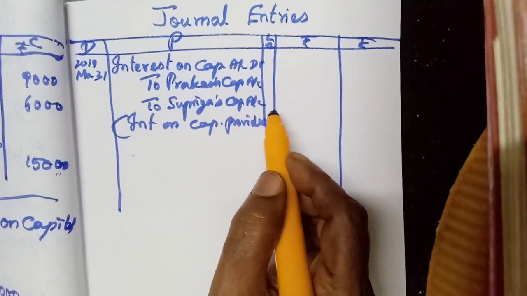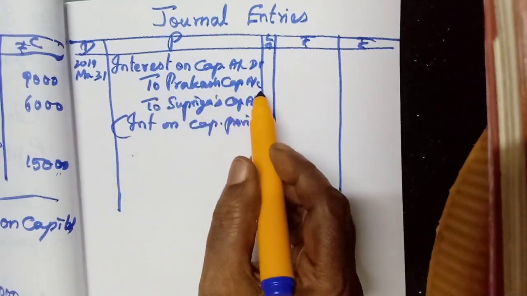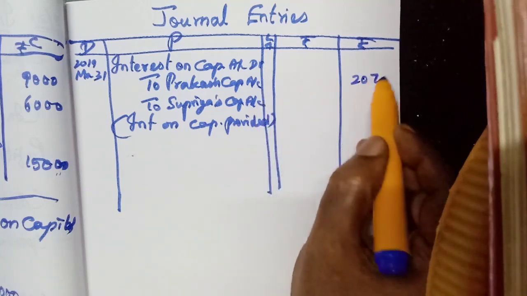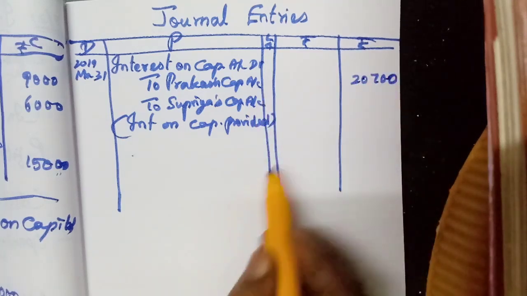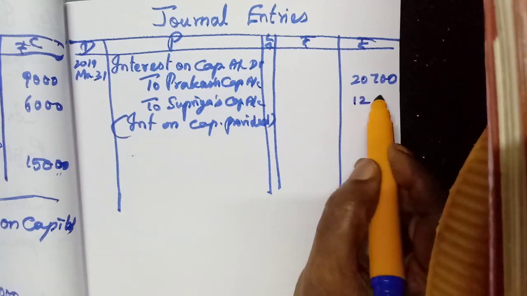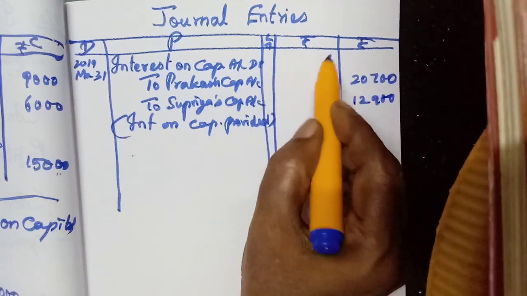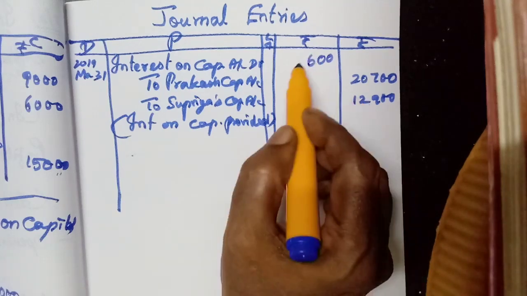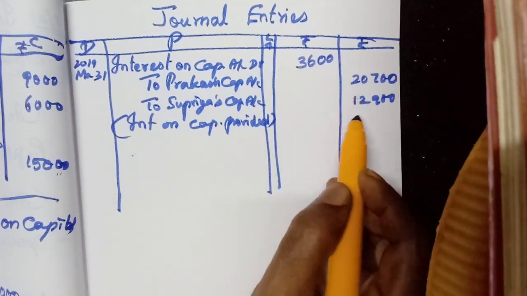Prakash's interest on capital 20,700. Supriya 12,900. So total we will write here: 0, 0, 9 plus 7 is 16. Balance 1, 3, 3.